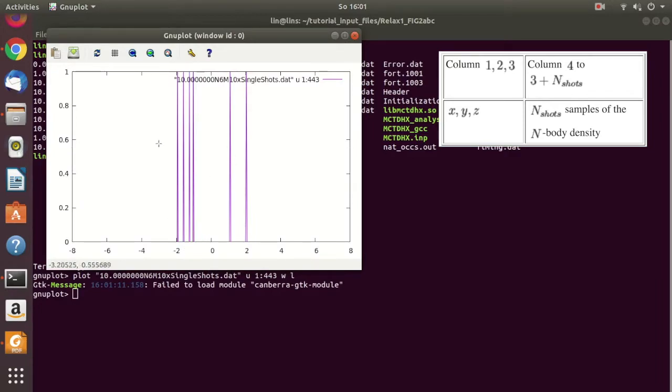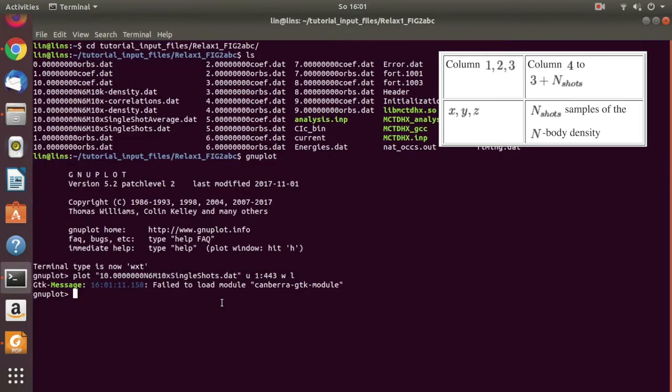So we can see that there are four bosons in the left well, x smaller than 0, and there are two bosons in the right well, x larger than 0.